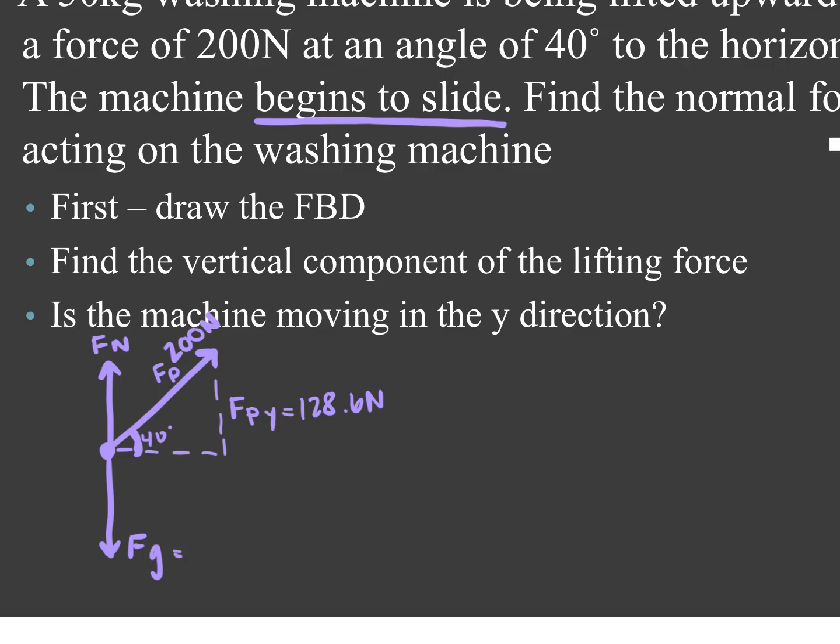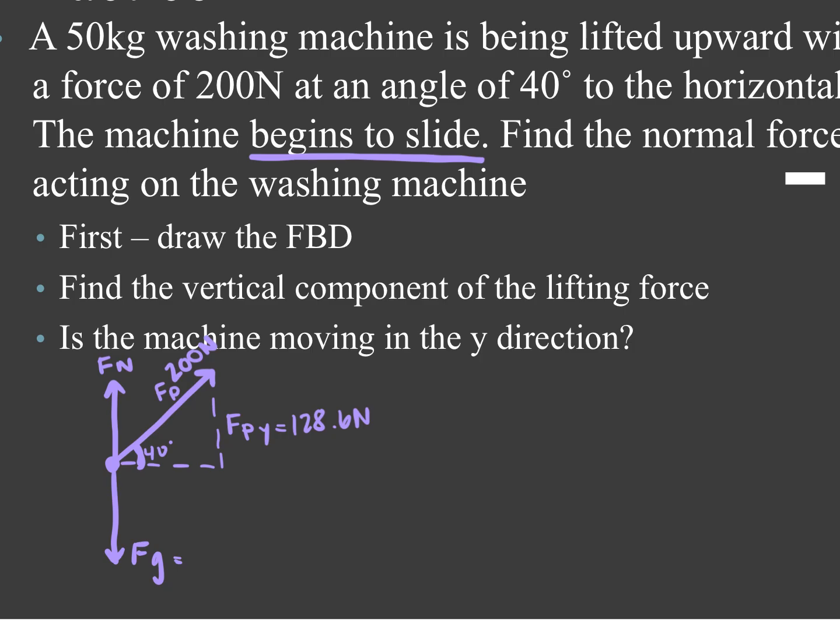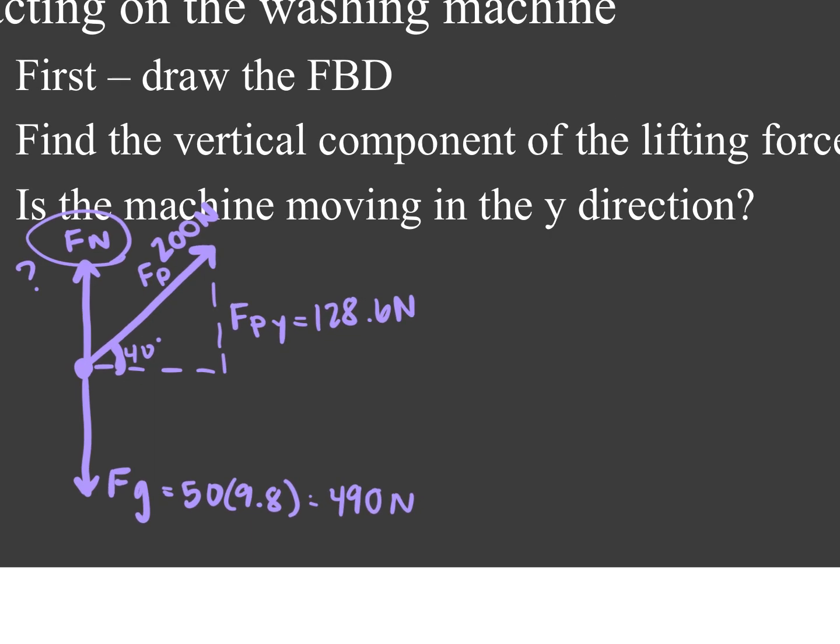So I would take mass, 50 times 9.8, and I get 490 newtons. And we don't know the normal force, right? We can't do anything there. That's our goal. So let's go ahead and set up our net force equation here.